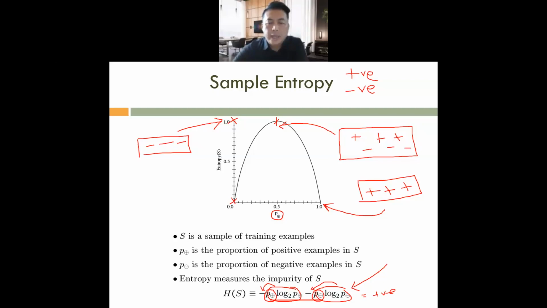Okay. So how do we actually use this sample entropy? Sample entropy is used to measure the purity of your node, whether they belong to one class only, or a mixture of classes.